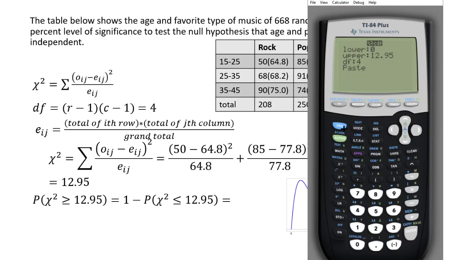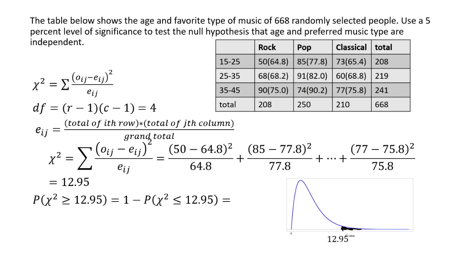So we have to do 1 minus 0.988477, and you get 0.011523. So that's the p-value that we get.